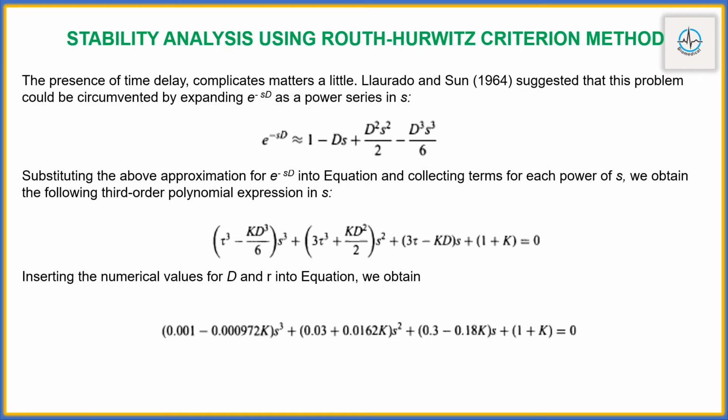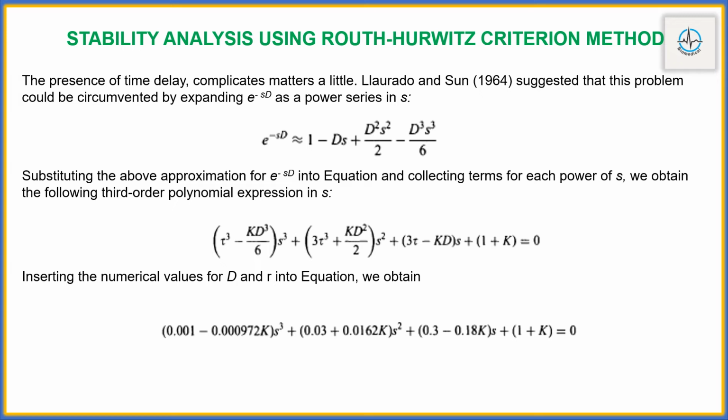Now, let us apply Routh-Hurwitz's criterion method to understand the stability of the pupillary light reflex. The presence of time delay will complicate the physiological functioning of pupillary light reflex. Lardo and Son suggested that this problem could be circumvented by expanding e^(−sd) as a power series of s.